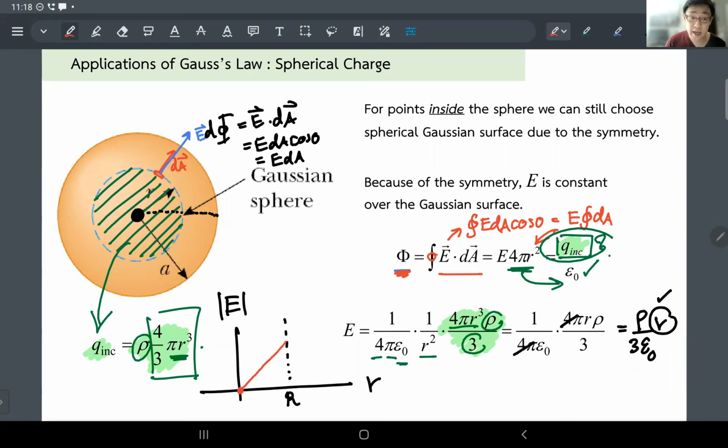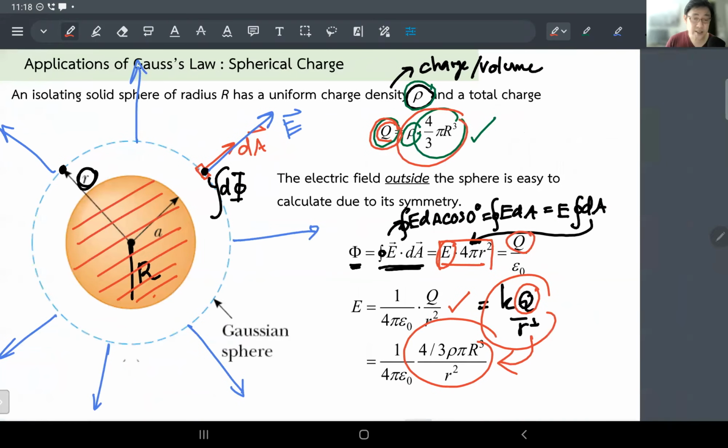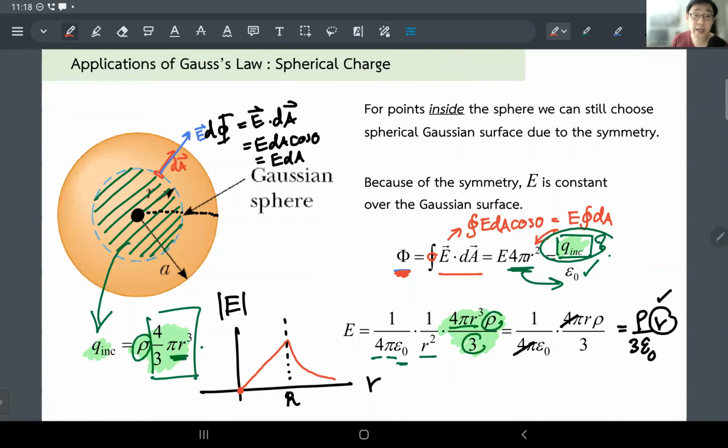Once you reach the rim and go beyond it, it goes 1 over r squared down. Yeah, 1 over r squared comes from here, right? Cool. So outside the ball, it looks like Coulomb's law, 1 over r squared. Inside the ball, it's r.